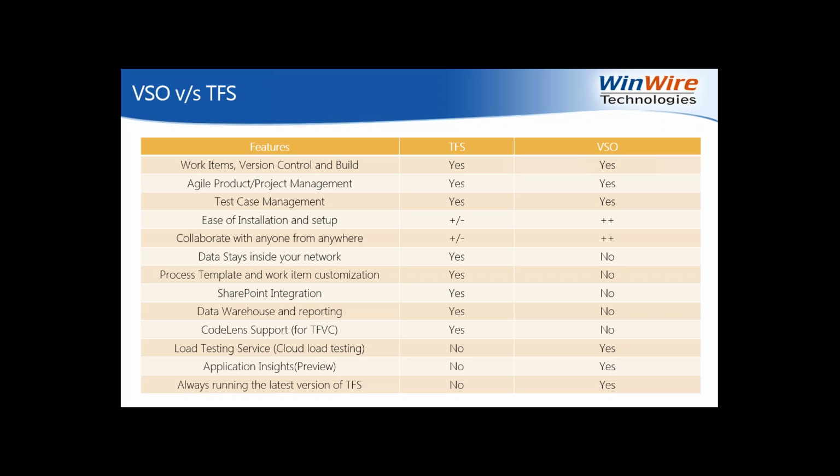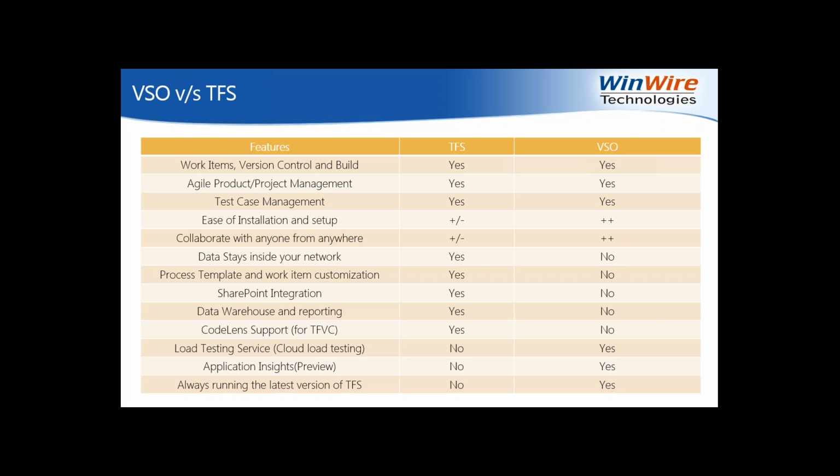For example, there are some benefits which the online version of Visual Studio has over the on-premise version. It is always up to date, it has very high uptime, and online TFS is accessible from anywhere. It is also cheap compared to Visual Studio on-premise.